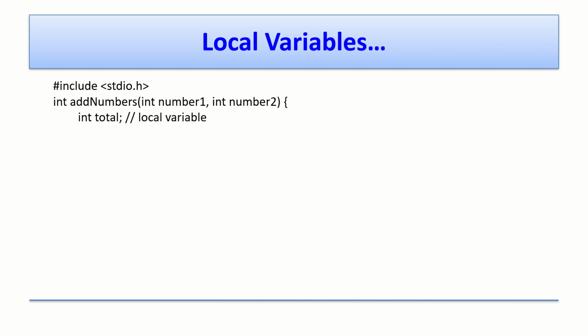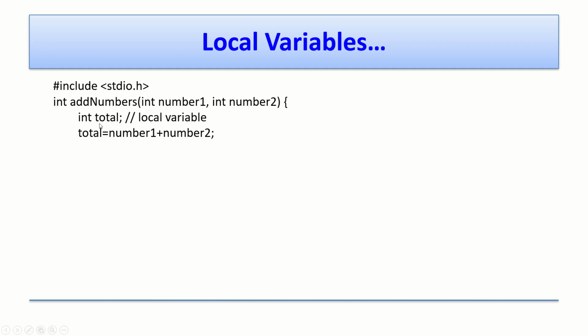This is my function, add numbers. There are two parameters, which we call formal parameters, number one and number two. Inside the add numbers function, I declare a variable called total, of type integer.